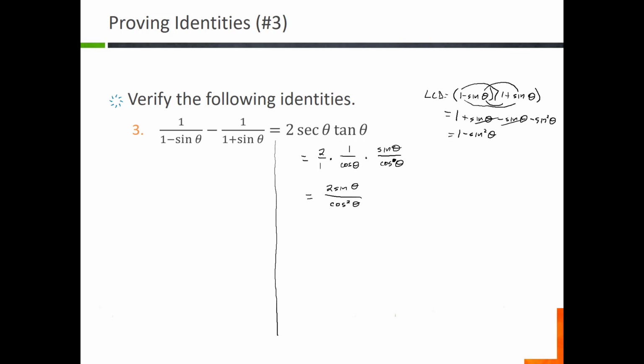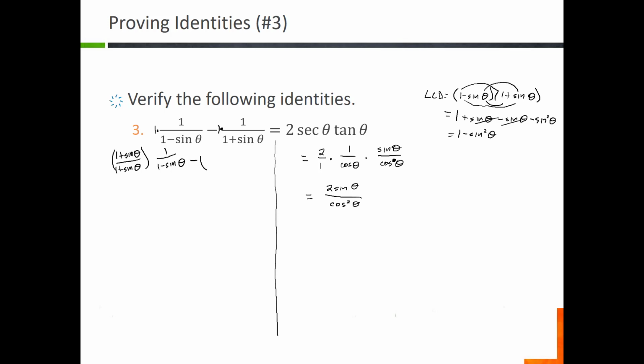Let's work through it. I need to take each fraction and multiply it by 1. The 1 is going to be different for each fraction. For the first fraction, since the denominator is 1 minus sine, I want to multiply it by 1 plus sine theta over 1 plus sine theta, times our 1 over 1 minus sine theta.